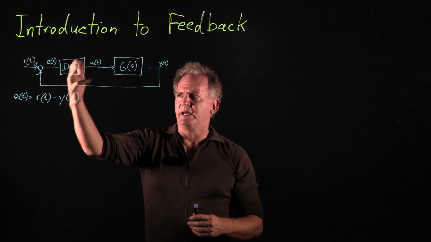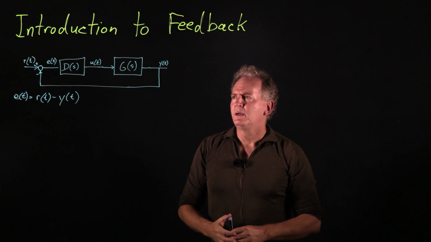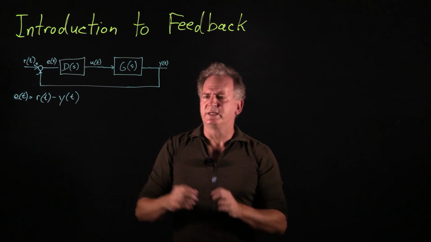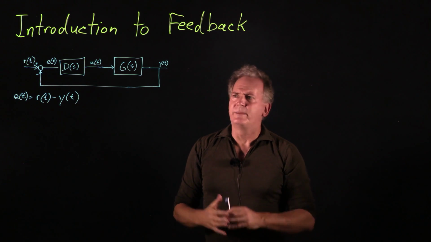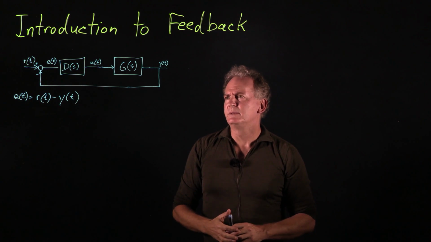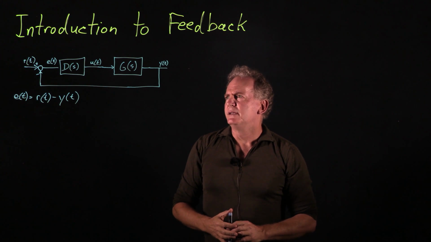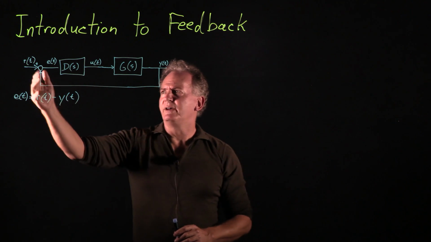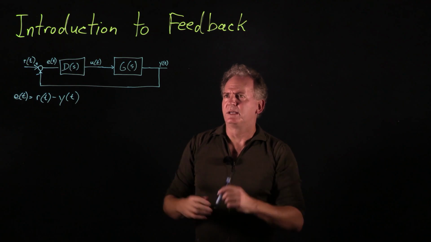In general, we can design more sophisticated controllers that tune the dynamics of the plant more precisely to do exactly what we want, and that will be the subject of several of these videos to come. And so let's take a look at the relationship between Y(s) and R(s) in the Laplace transform of this setting.